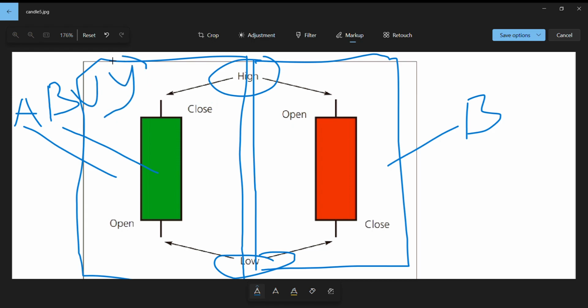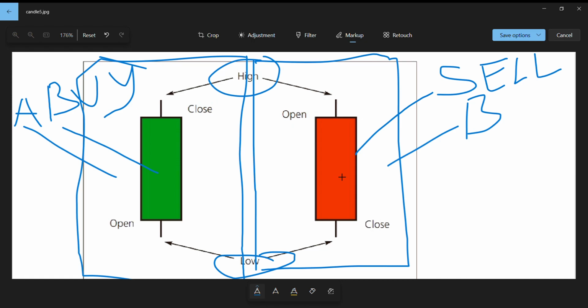So you always buy when you see a green candle. Now, the red color here, which is part B, represents what? Sell. So you sell when it's red, right?